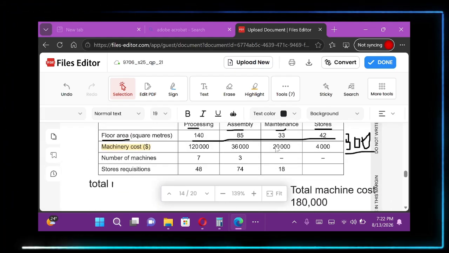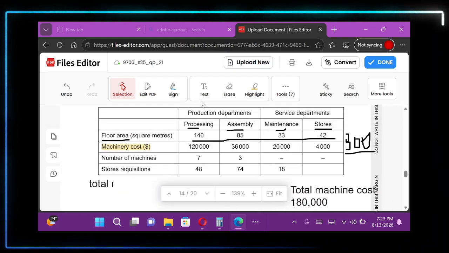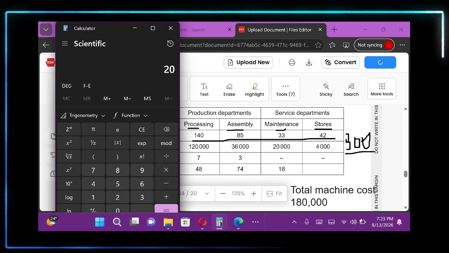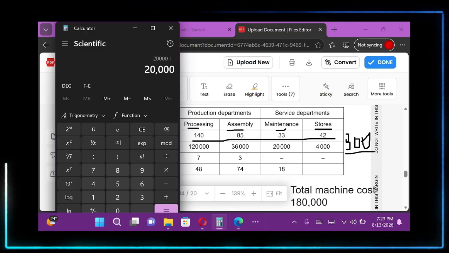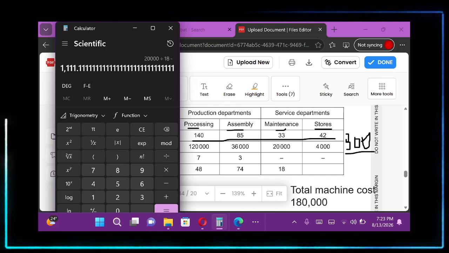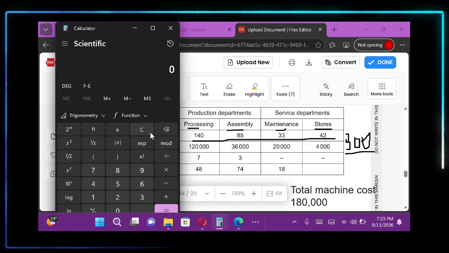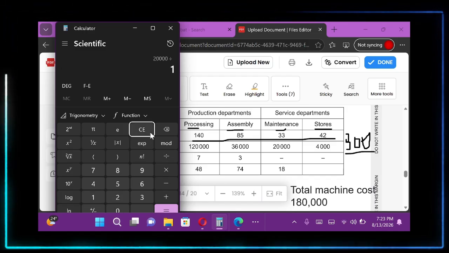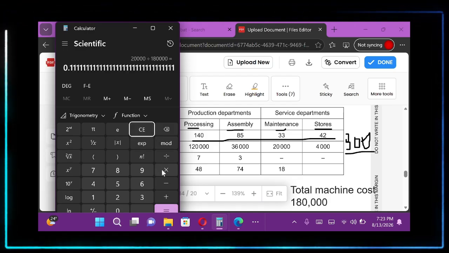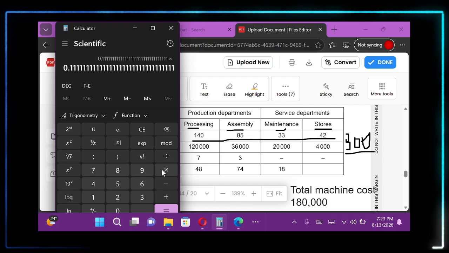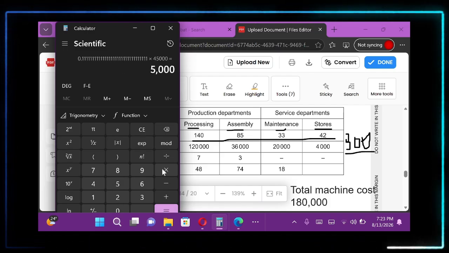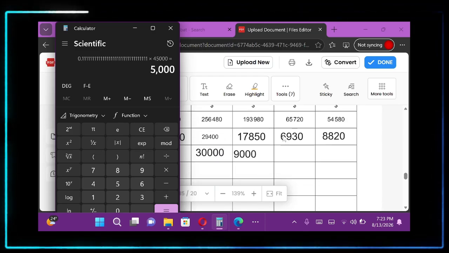Okay, now for 20,000 divided by the total 180,000, then multiplied by 45,000, 5,000.